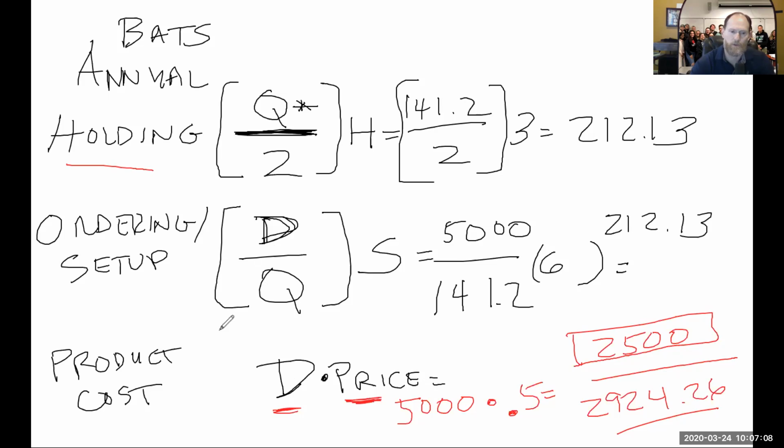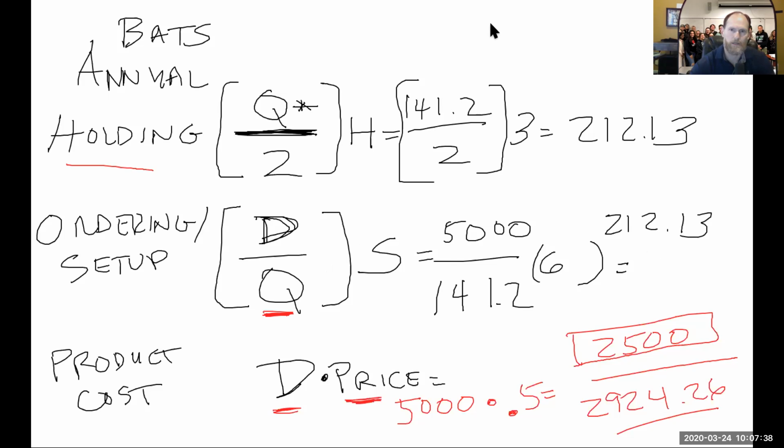And so if in the nature of a problem, I ask you, well, what's the annual setup cost, but you haven't determined EOQ yet, well, then you have to go back and do that first, okay? Because you see how we need EOQ to determine these other costs here. And if we don't have that, then we can't do that. So that's the first kind of bucket of things that we can get out of the EOQ model.